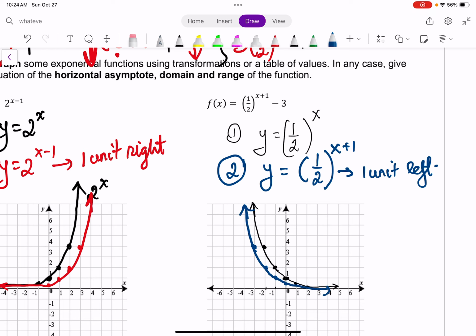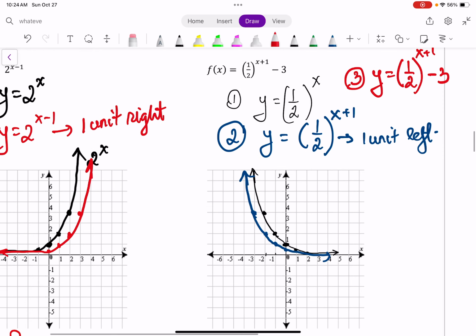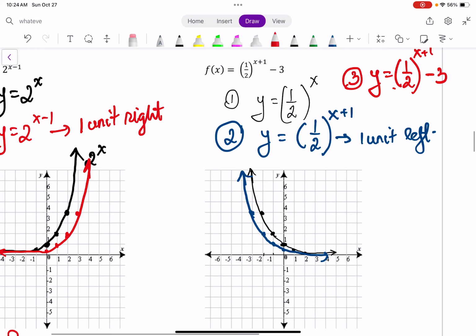And then finally, as we've been doing so many times, we are going to minus the 3. As always, I like to start with the x transformations and then all the y transformations. So minus 3 makes all those points go 3 units down, right?